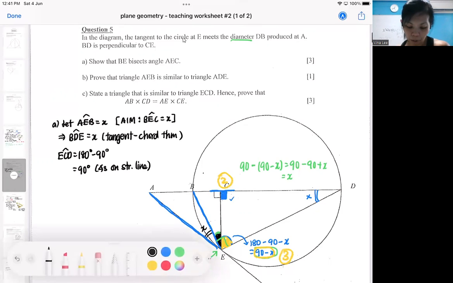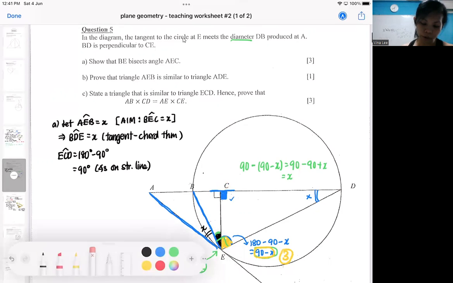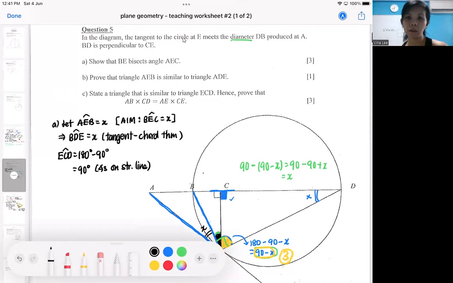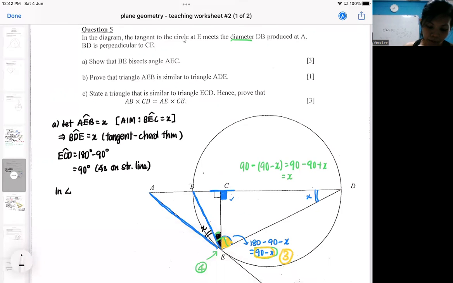If you are executing the angle sum of triangle, it will be good that you explain which triangle it is. Particularly in this diagram, there are a lot of triangles. So we are executing in triangle CDE. So you can write about that. So angle sum of triangle.